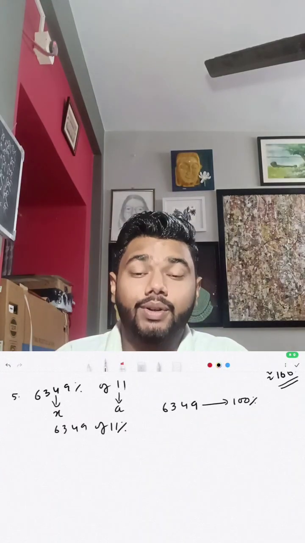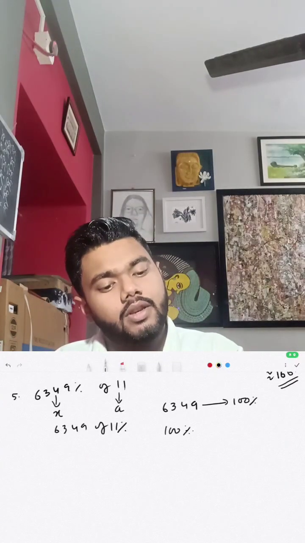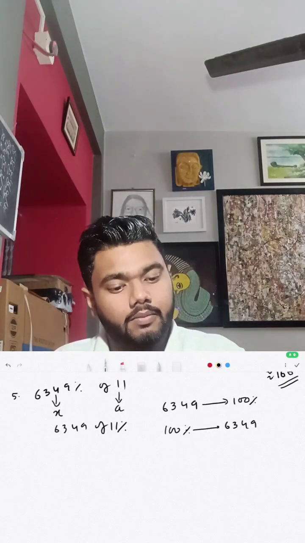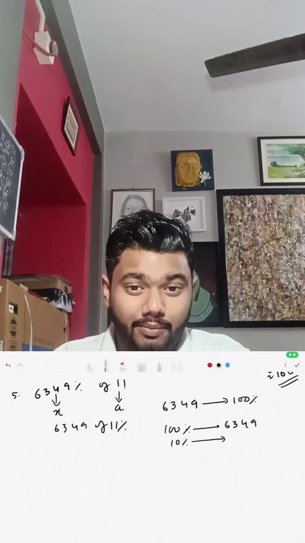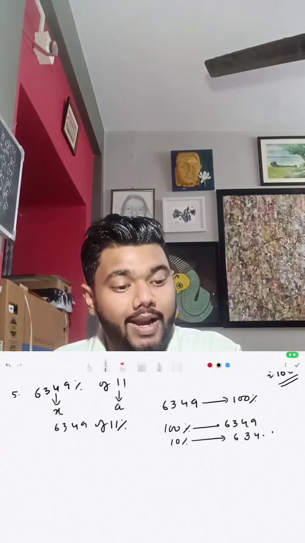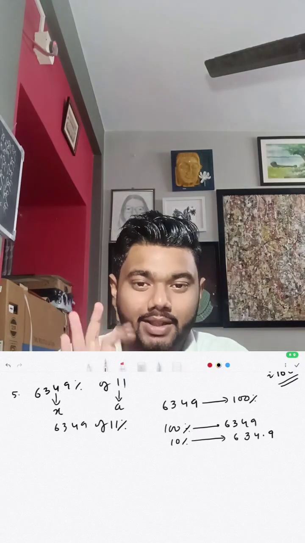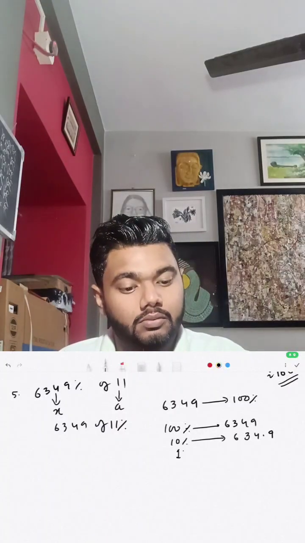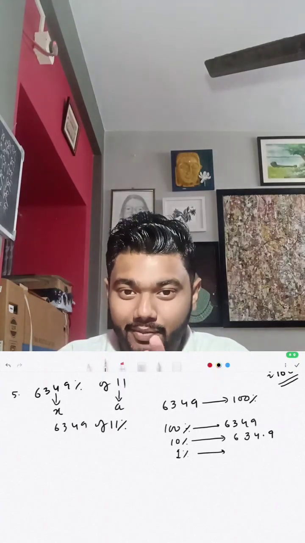When we are going to take 10% of 6349, we just shift the decimal point one place, so 634.9. For 1%, the decimal point will be shifted two places towards the left.